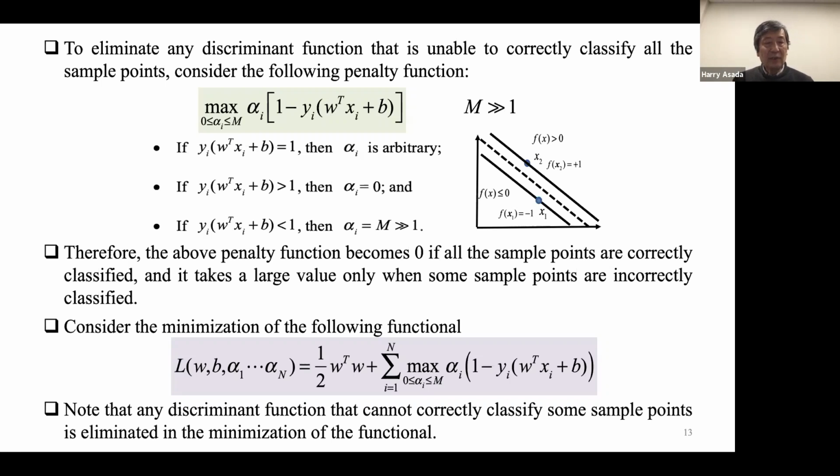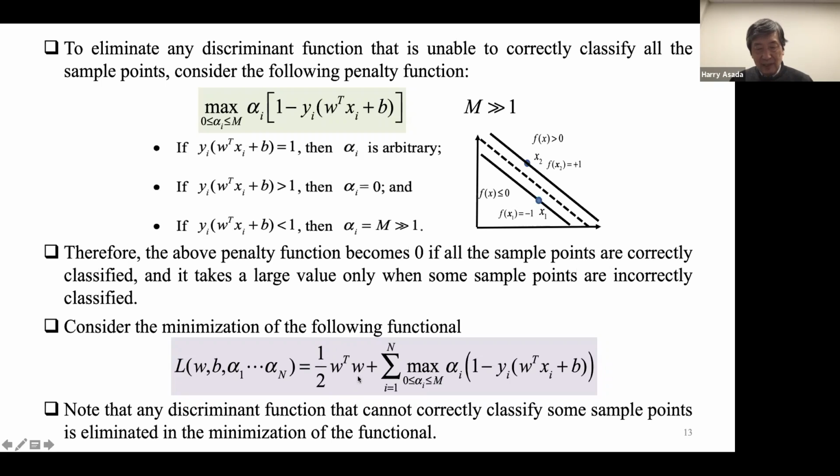Just as a summary, the above penalty function becomes 0 if all sample points are correctly classified. No penalty, 0. And it takes a large value only when some sample points are incorrectly classified. So what we do is append this to the main term which we would like to minimize.